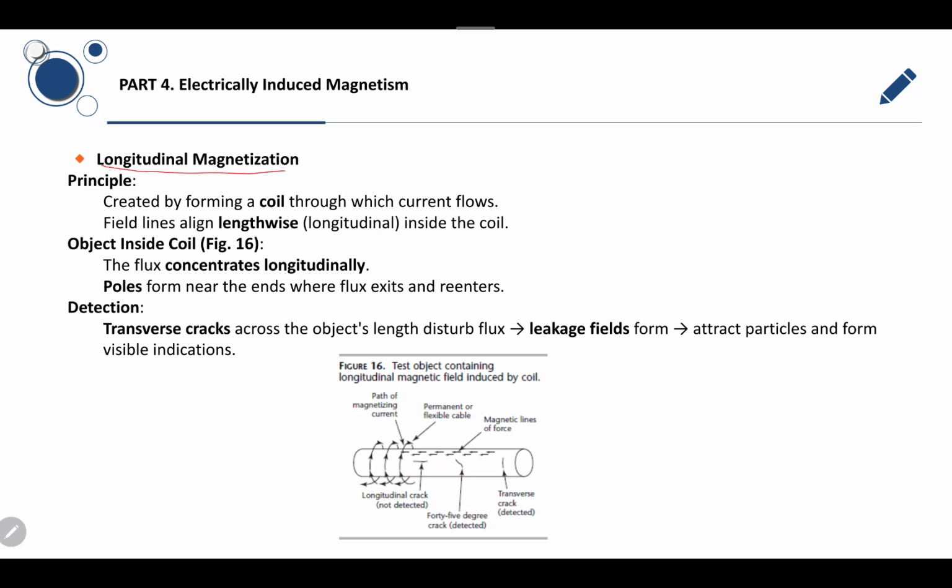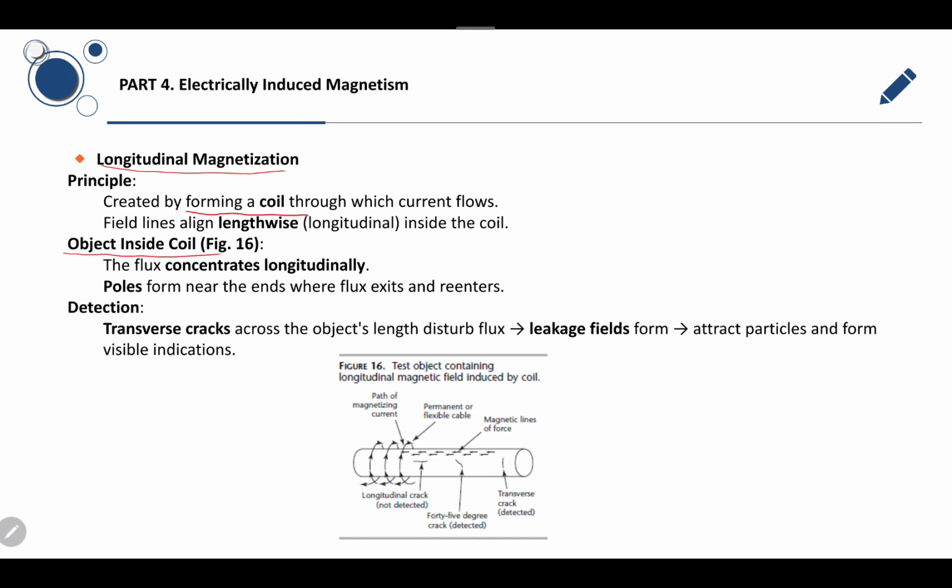Next, longitudinal magnetization. In contrast to circular magnetization, longitudinal magnetization creates fields that run along the length of the path. How is it created? Any idea? Okay. Longitudinal magnetization is primarily created by forming a coil through which electric current flows.